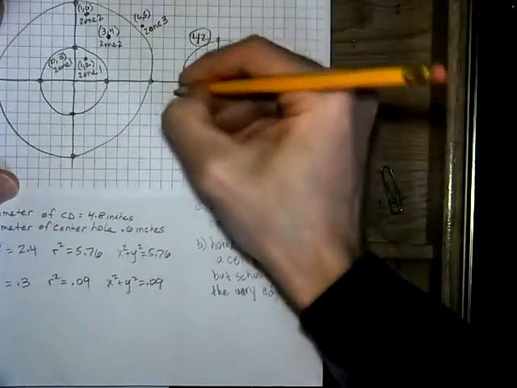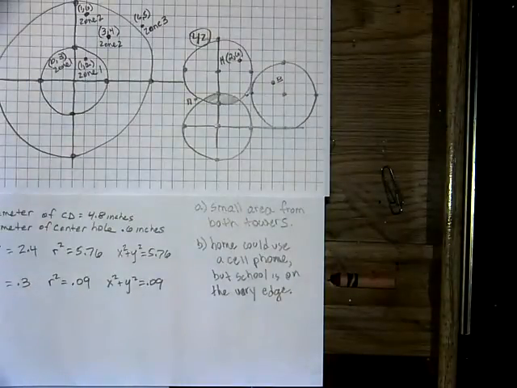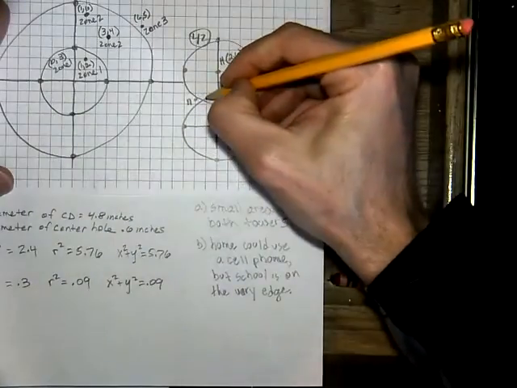That's city B, that's city A. Each has a radius of 1.5.